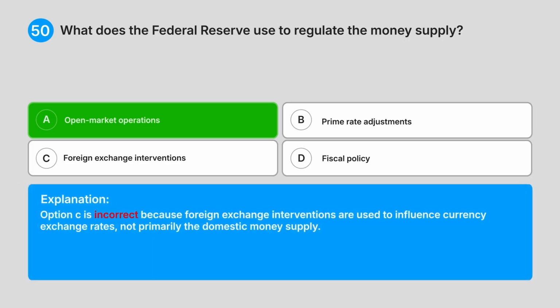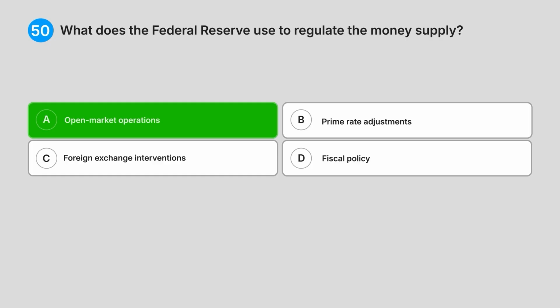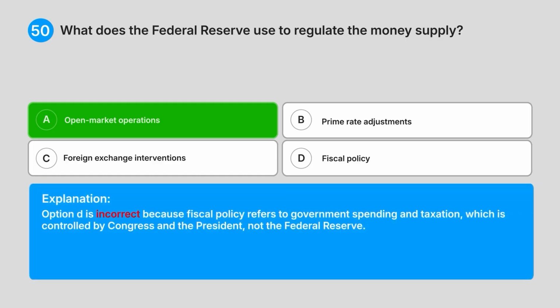Option C is incorrect because foreign exchange interventions are used to influence currency exchange rates, not primarily the domestic money supply. Option D is incorrect because fiscal policy refers to government spending and taxation, which is controlled by Congress and the President, not the Federal Reserve.